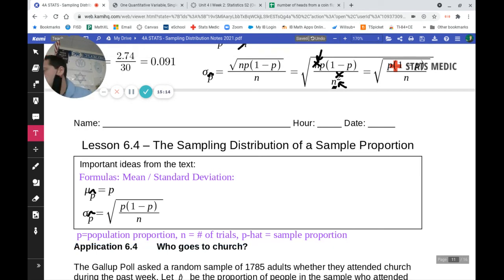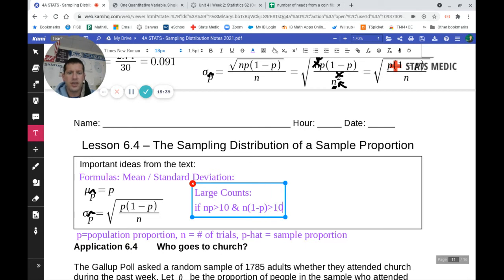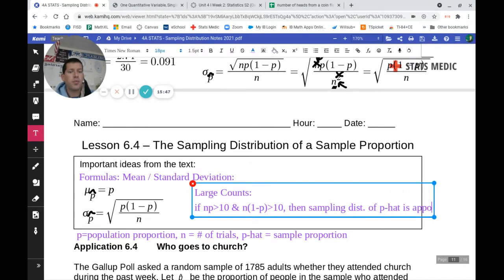A couple more notes here, just going over similar stuff to what we did last class: large counts. We saw quickly that if n times p is greater than or equal to 10 and n times 1 minus p is greater than or equal to 10, then the sampling distribution of p hat is approximately normal.